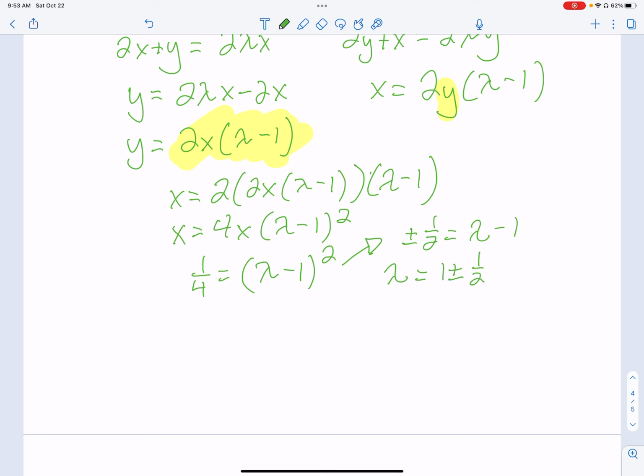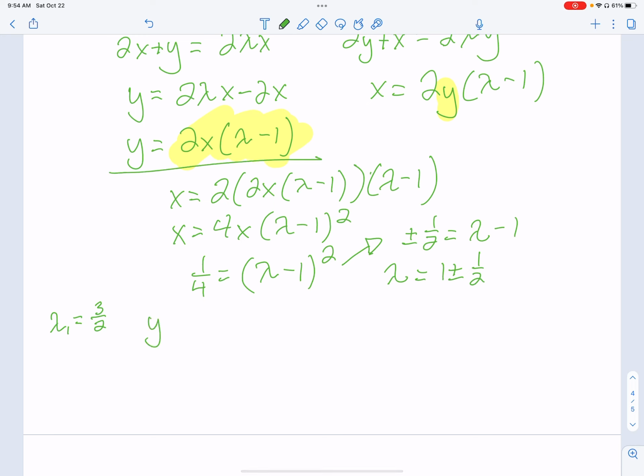So the first lambda, let's do that over here. Lambda 1, we'll call 1 plus 1/2, which is 3/2. And then lambda 2, we'll do that in a moment. So doing lambda 1, let's look at y equals, so back up to this equation here.